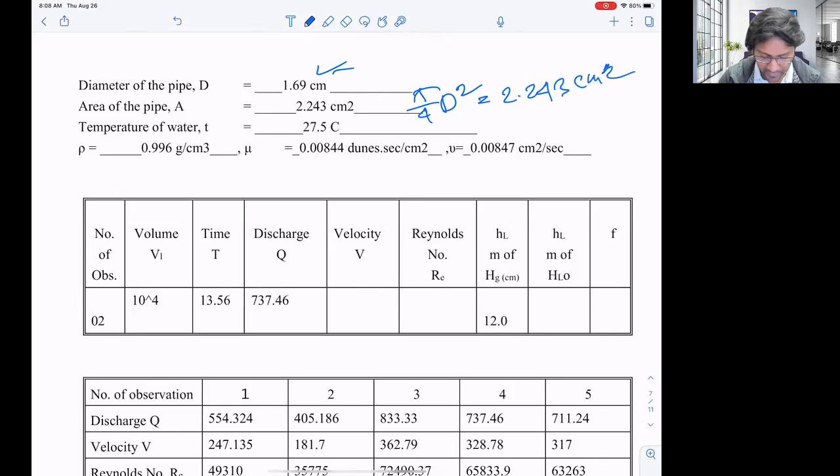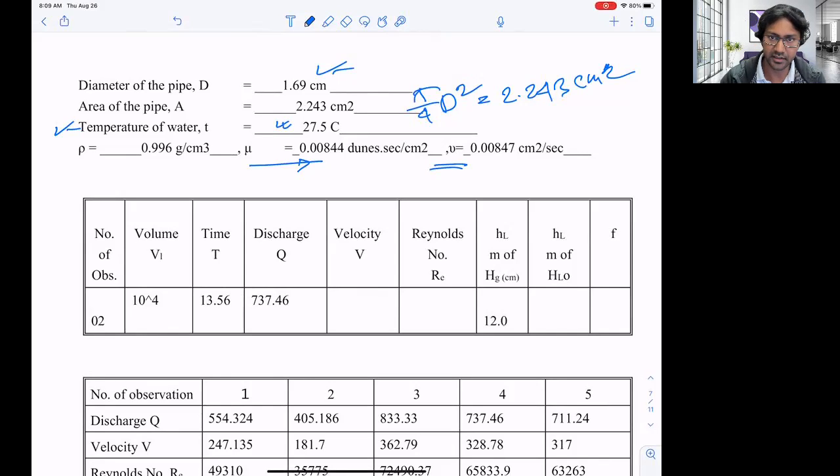Okay, and for the temperature, you have a thermometer there, and from that we need the temperature, because we are going to read the value of viscosity from the table. It is given in the book, right? We are taking that value mu from the book, and we are taking nu as well, and it is also given there.